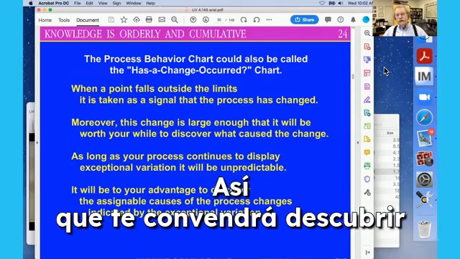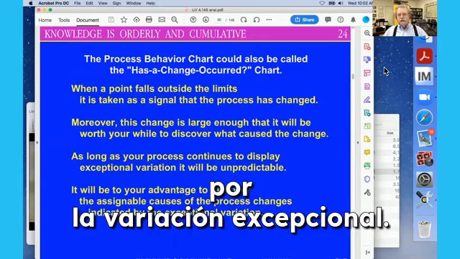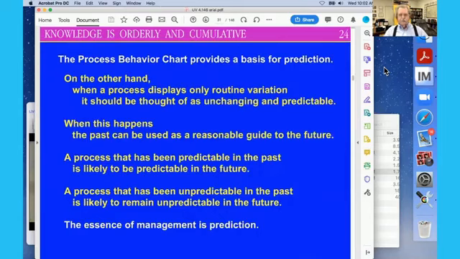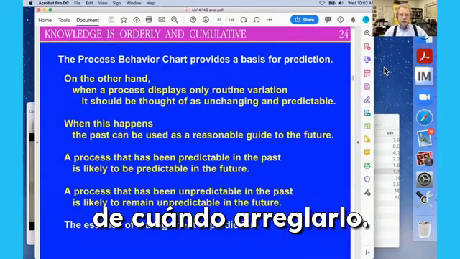So it will be to your advantage to discover the assignable causes of the process changes indicated by the exceptional variation. So another name for the process behavior chart could be a when to fix it chart.